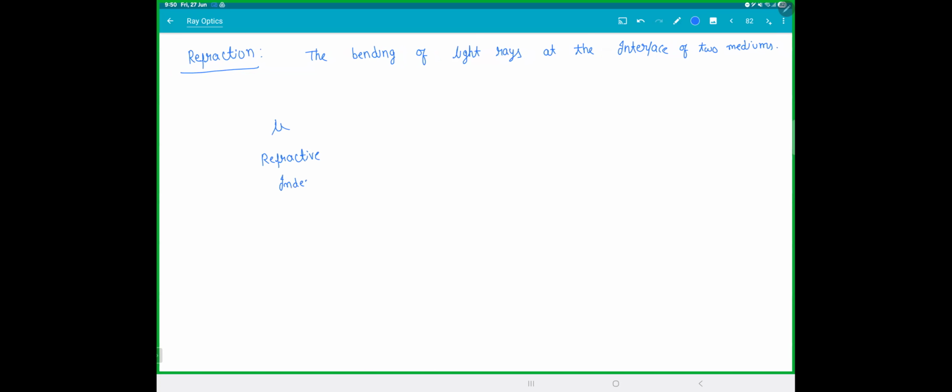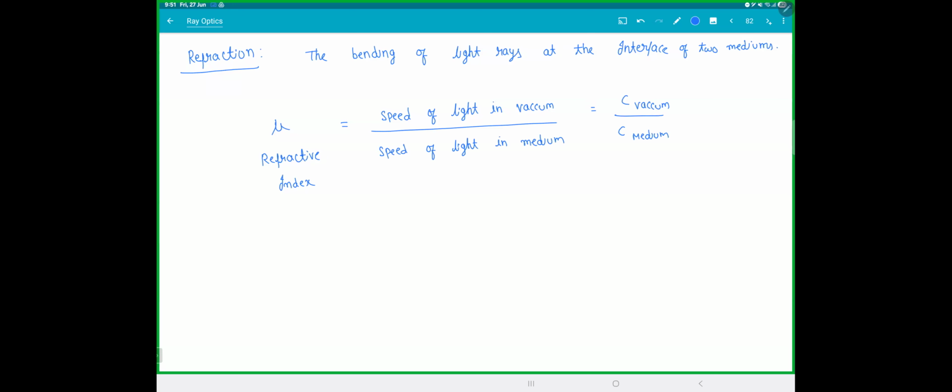So a refractive index, the dimensionless quantity, it is simply the ratio of speed of light in vacuum by speed of light in medium. So this is C vacuum by C medium.